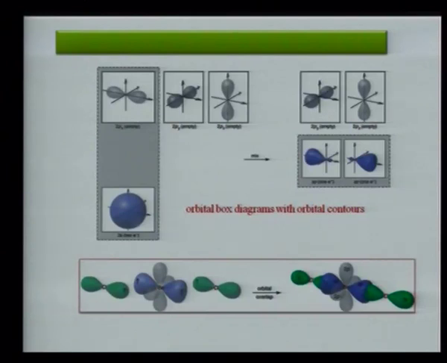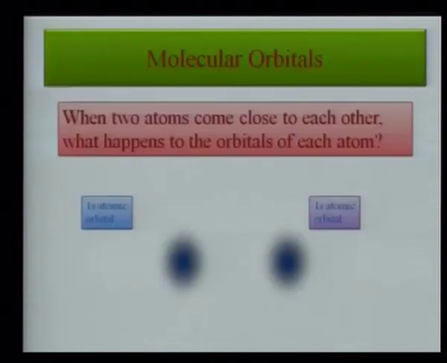When there is head-to-head overlapping, a sigma bond is formed. But when sideways overlapping is there, you will find that pi orbitals are formed. If you compare sigma and pi orbitals, you will find that sigma orbitals are stronger as compared to pi orbitals.